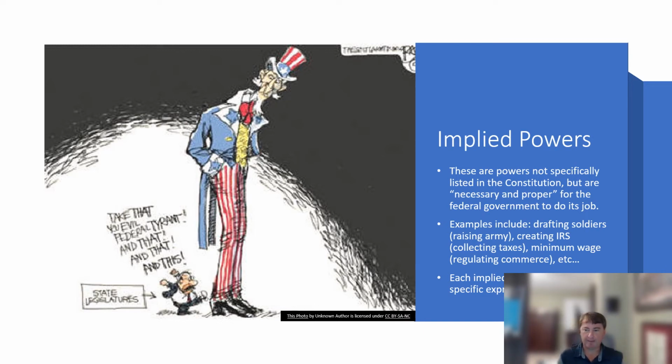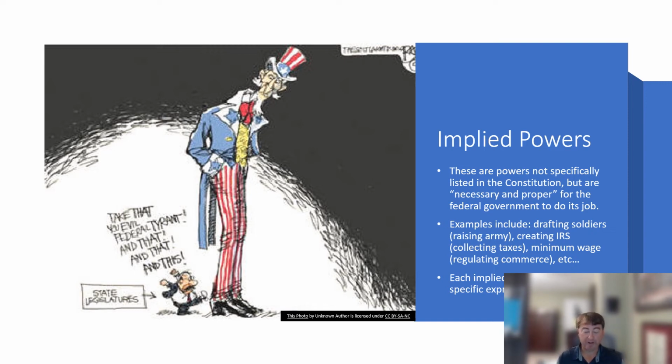Let me give an example. So we know that the federal government has the ability to raise an army. That's a very specific right listed in the Constitution. In order to do that, the federal government in the past, we don't have this today, but in the past, created a draft where you draft soldiers into the military.